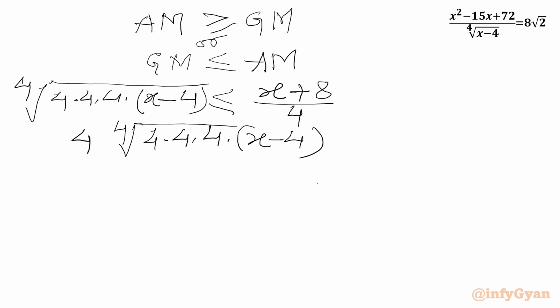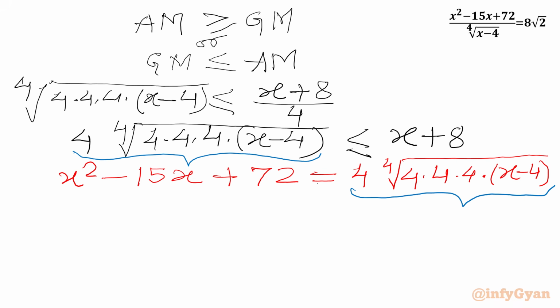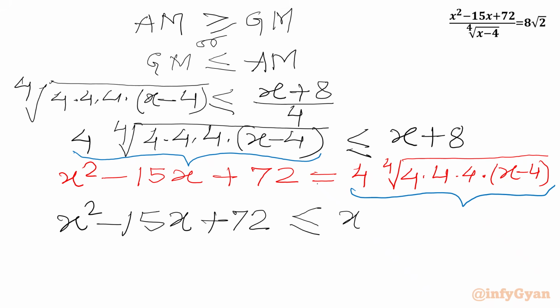This quantity should be less than or equal to x plus 8. Now I will write our equation first. Here it is. Now you can see the RHS of the equation is the LHS of the inequality. So we will write x square minus 15x plus 72 should be less than or equal to x plus 8.